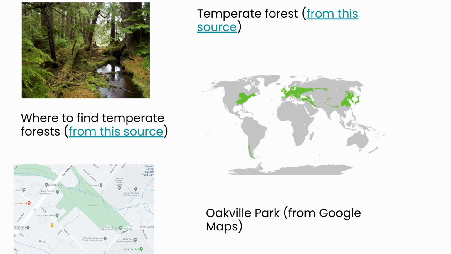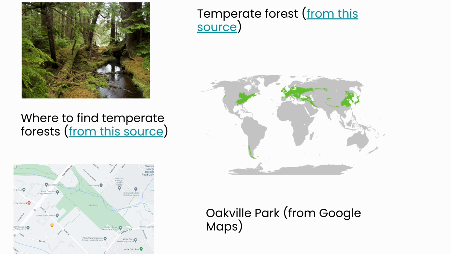Starting out, our first picture at the top here is a picture of a temperate forest. This is a biome because temperate forests have their own temperature ranges. They have their own general amount of rainfall or snowfall that you might expect.